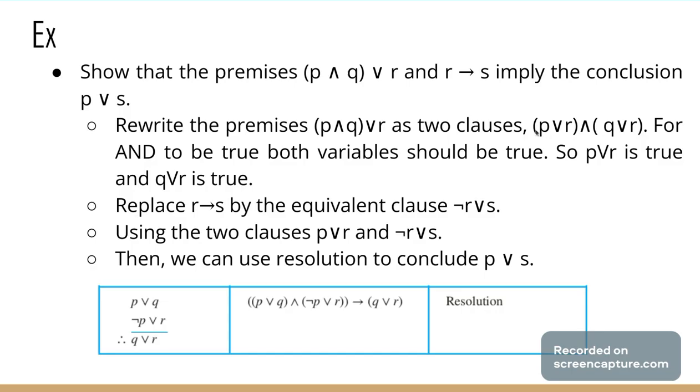We take this section of the first premise, P or R, and take the next clause, R implies S. Now R implies S is equivalent to not R or S. Remember, P implies Q is equivalent to not P or Q. So using that, this conditional statement can be converted to not R or S. So now we have P or R and not R or S. Leaving out the R and the not R, we have P or S, which is the resolution form.